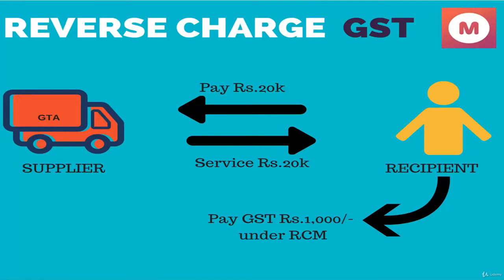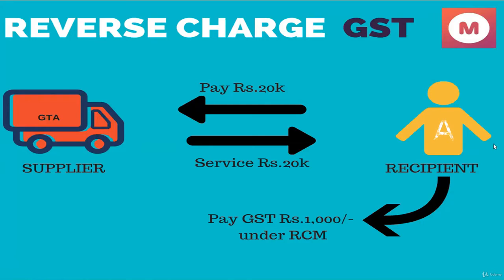Let's take an example once more. Under reverse charge, if a supplier of GTA, Goods Transport Agency, gives the service to recipient A for rupees 20,000, then 20,000 is the base amount.